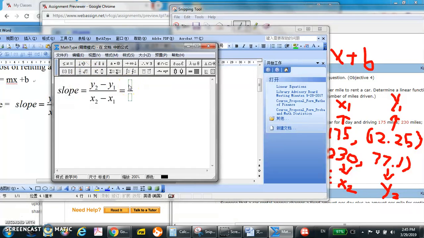It is 77.1 minus 62.25 over 230 minus 175.